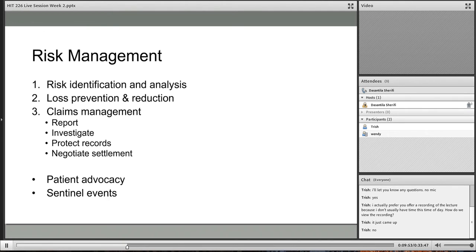So basically, they will analyze the situation and see, okay, we're analyzing the likelihood of our records being flooded, or what could happen, perhaps what type of damage could happen to the medical records. So when you identify a risk, you look at various things: the location of the department, how the records are stored, whether on paper or electronic, where the shelves are. Are they wood? Are they metal? Are they covered? What is the risk of theft? Maybe they're close to the window, or what's the risk of flooding if they're in the basement and it's an area that floods a lot?